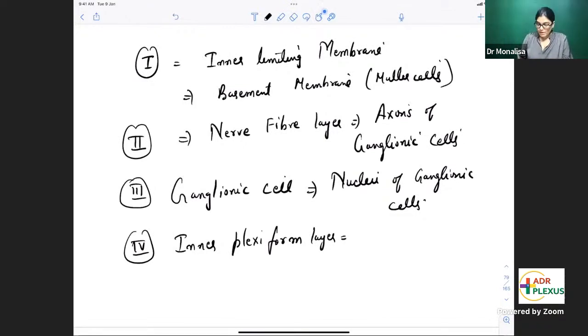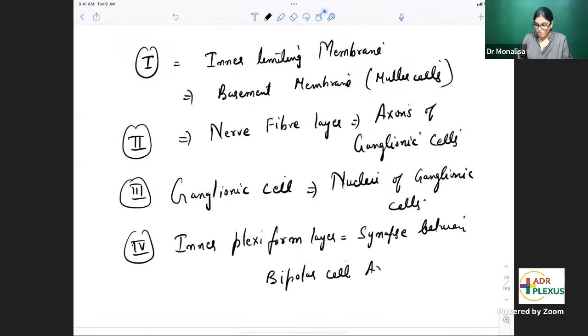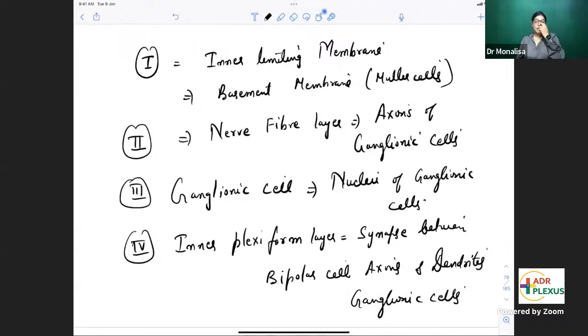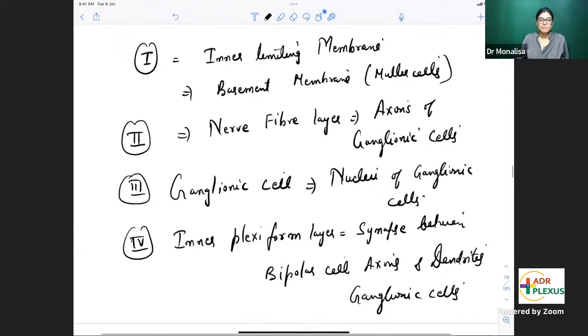The inner plexiform layer is the synapse which is taking place between the bipolar cell axons and the dendrites of ganglionic cells. This is about the inner plexiform layer.